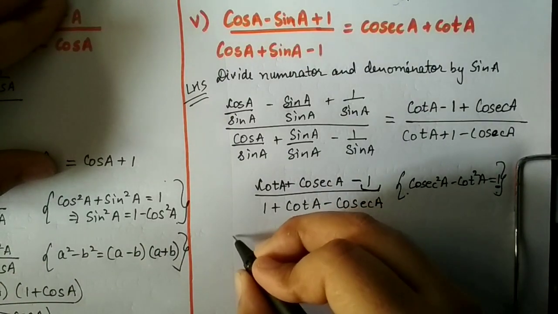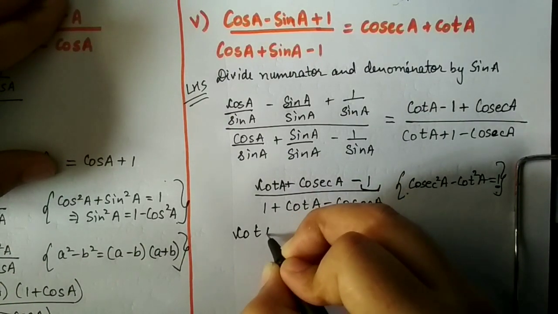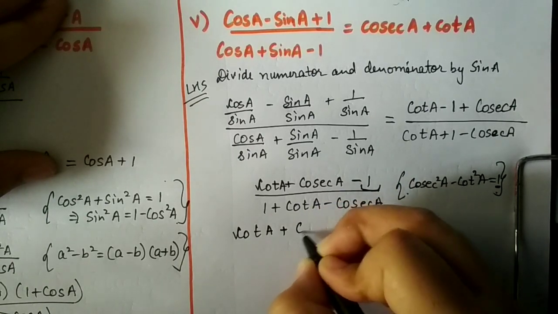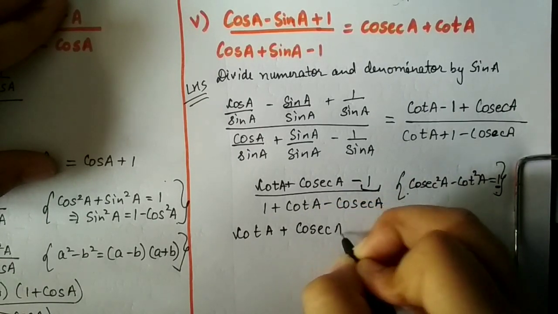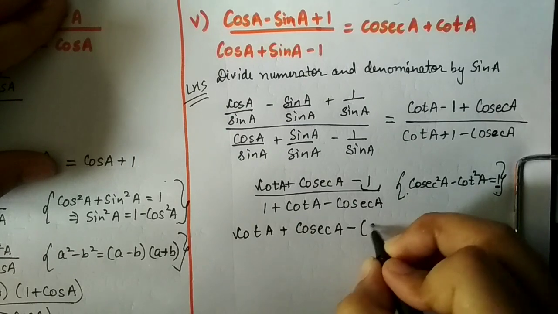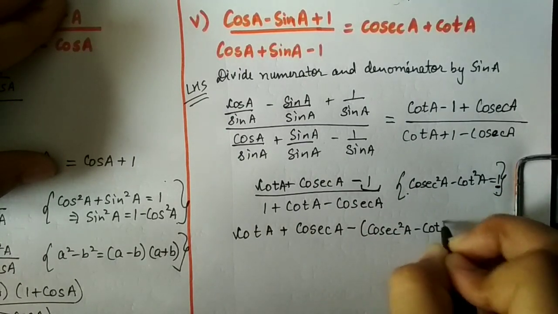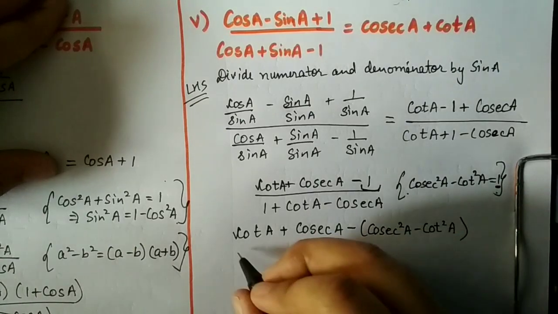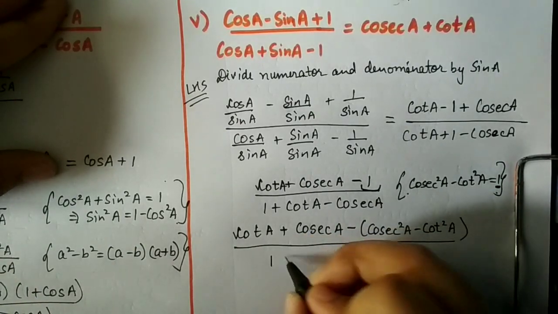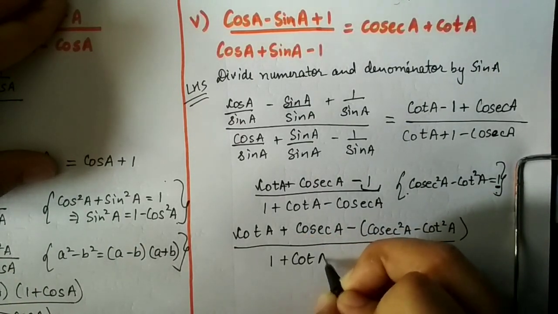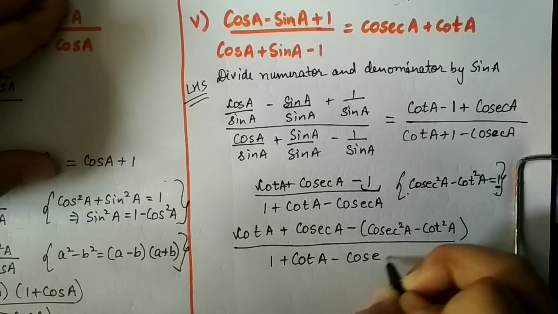So you will do that only. Write cot a plus cosecant a minus, write 1 as cosecant square a minus cot square a using the identity, divided by 1 plus cot a minus cosecant a.